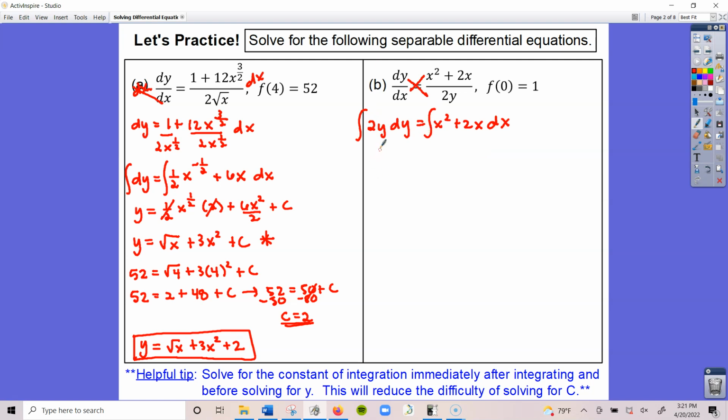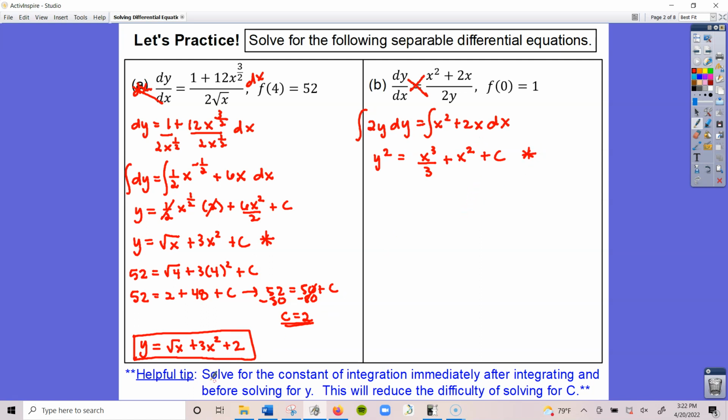2y would be 2y squared over 2, which would be y squared, is equal to x to the third over 3 plus 2x squared over 2, which is x squared plus c. This is my general solution.